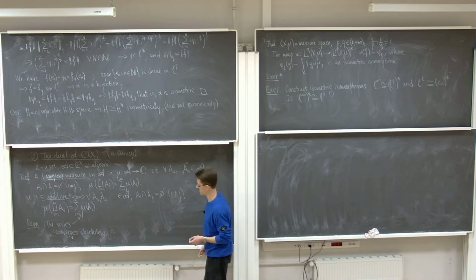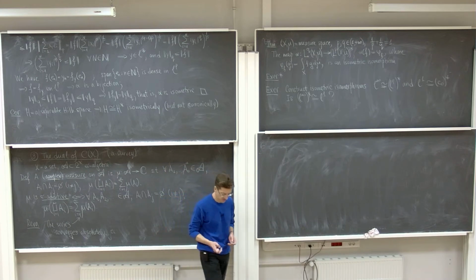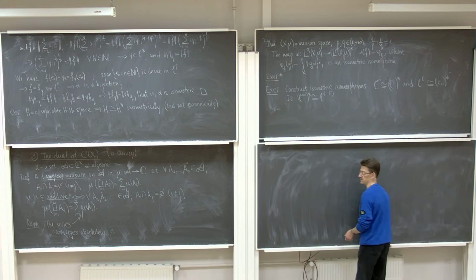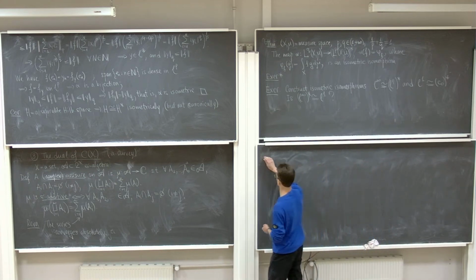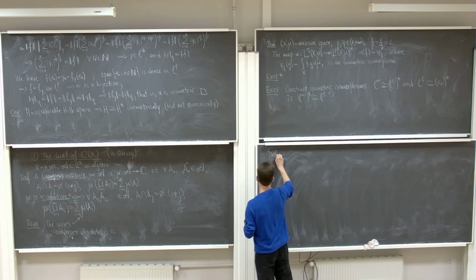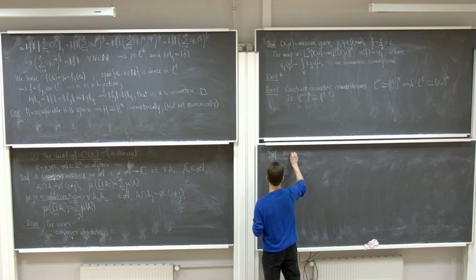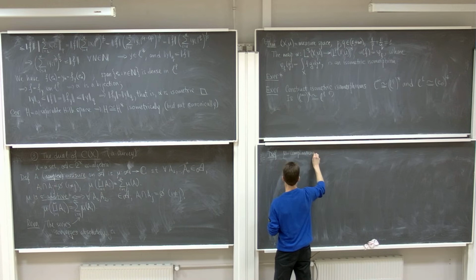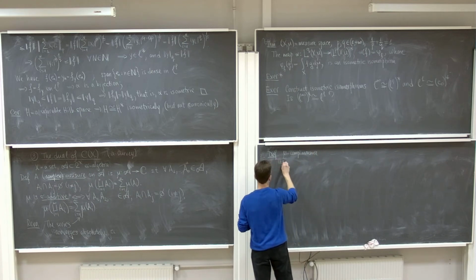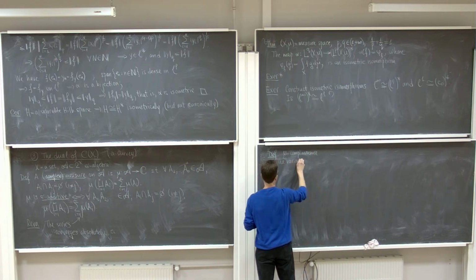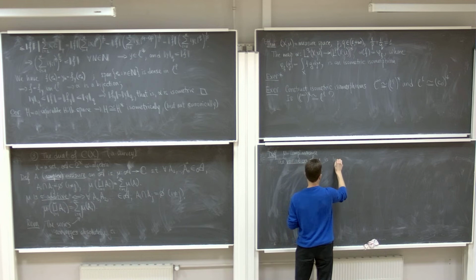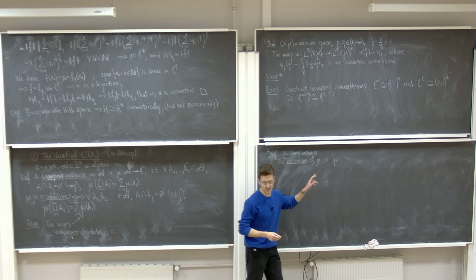To work with complex measures, it is convenient to associate with each complex measure a positive measure, which is called the variation of mu. So if mu is a complex measure, then we define the variation of mu, denoted like this.